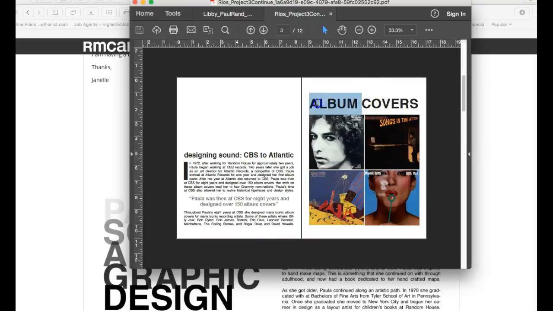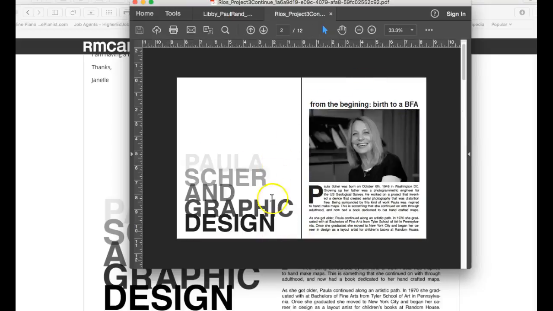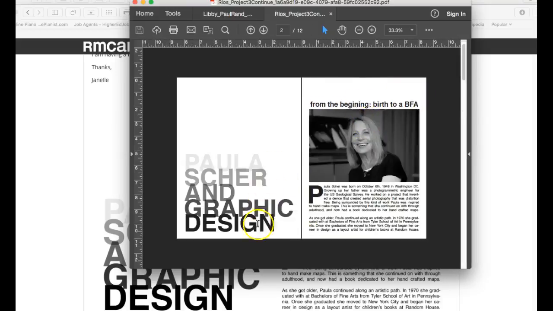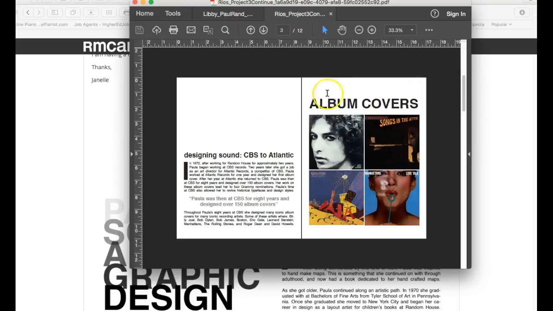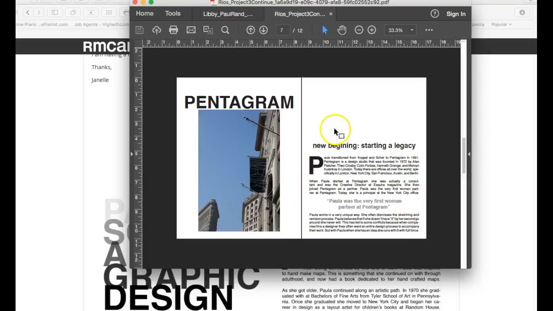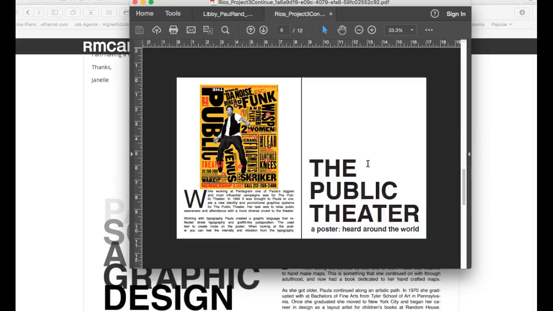Now, what you need to do is decide what the album covers there should look like, or whatever your H2 would be. They need to be consistent. So your headlines, your subheads, and your section heads all have to be consistent from page to page. That's critical for the success of this project.